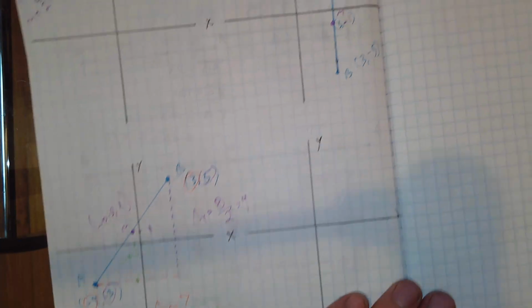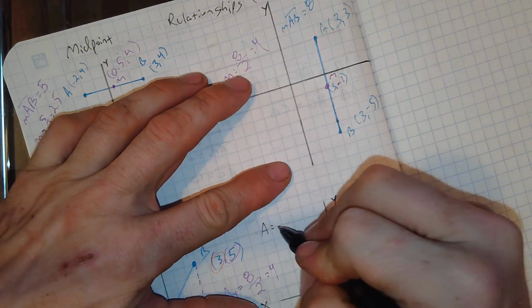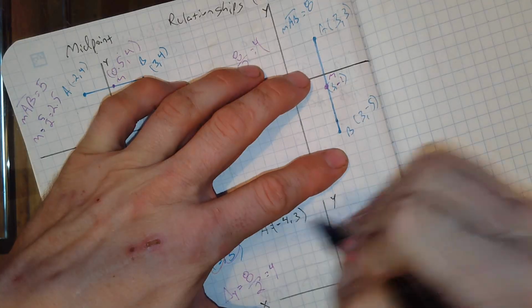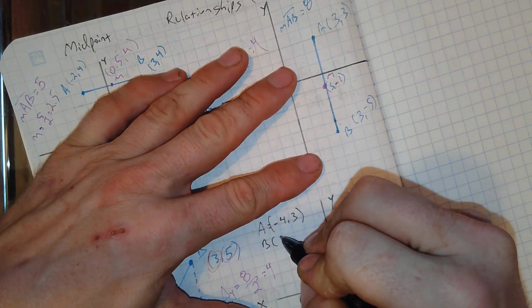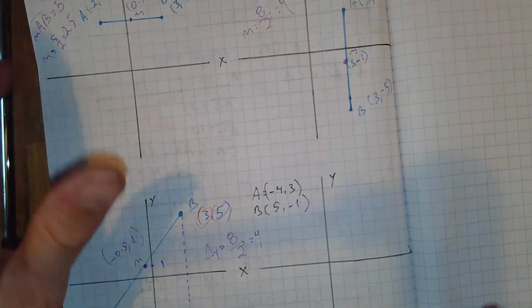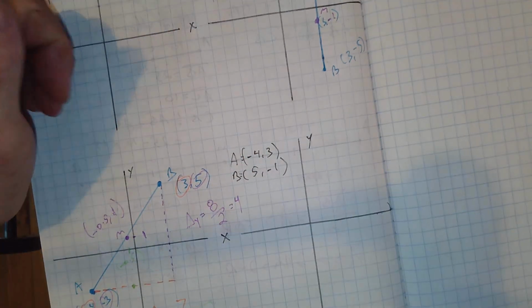So let's do something like this. I have point A that is at -4, 3, and I have point B, which is at, we'll say, 5, -1. What's the midpoint? Well, first thing I should do is draw it. I have a coordinate plane here.